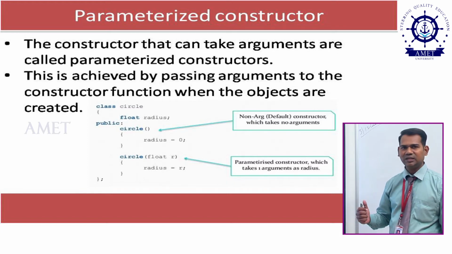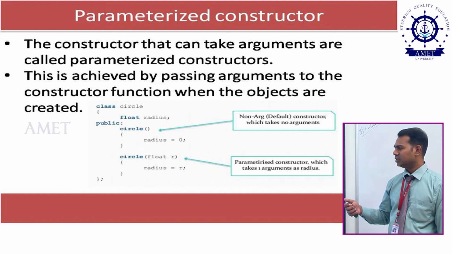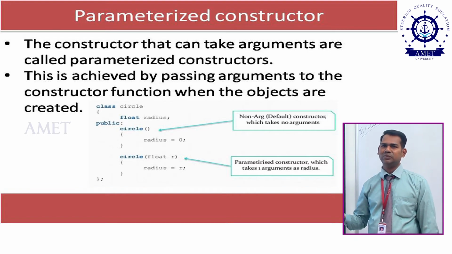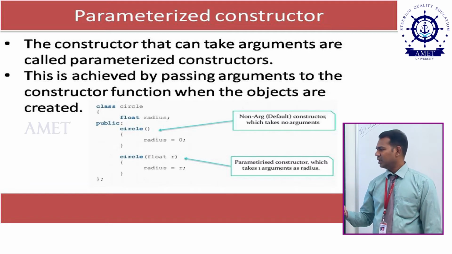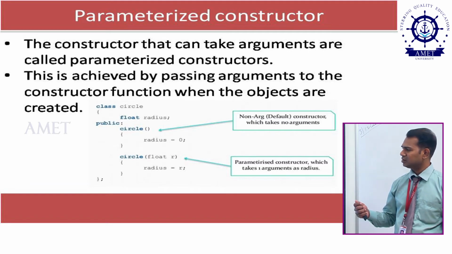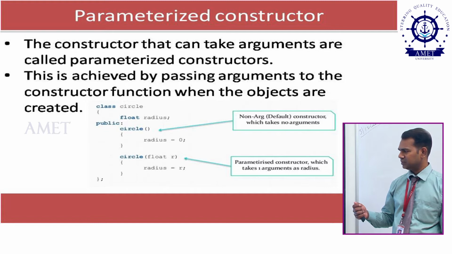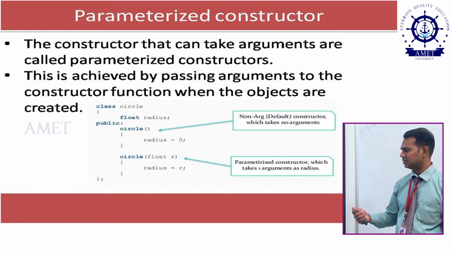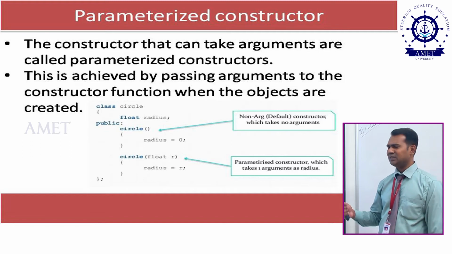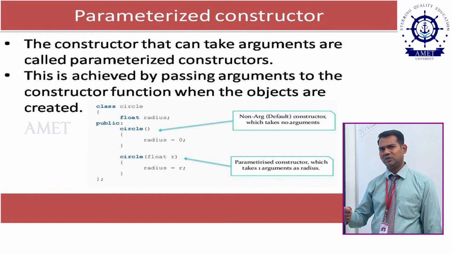So in this example we have two constructor functions, one without a parameter and another with a parameter. Without a parameter, it can be called a default constructor, and with the parameter I can call this one a parameterized constructor.